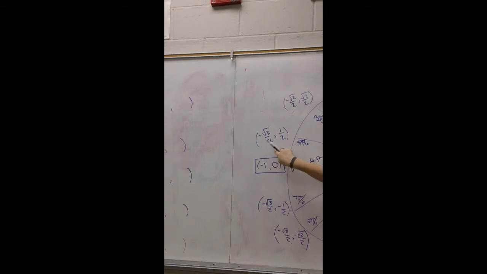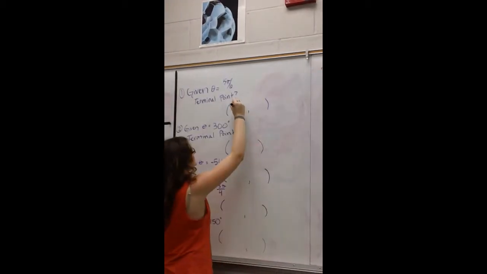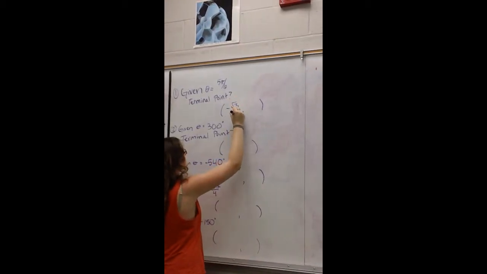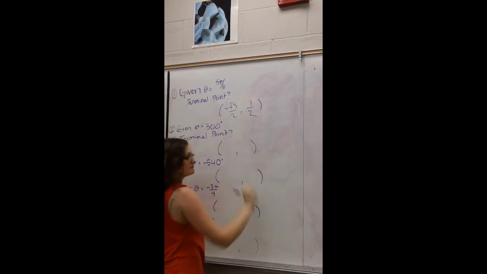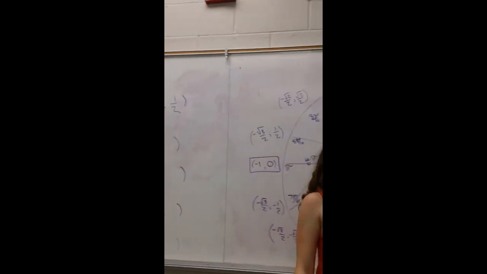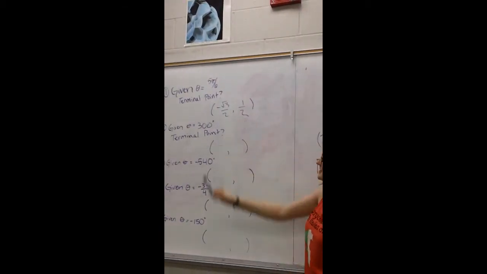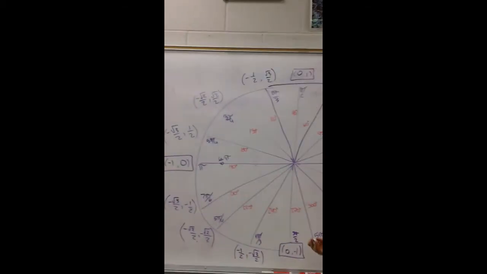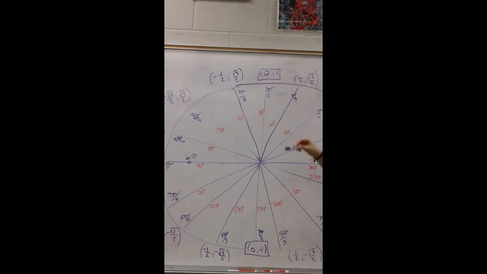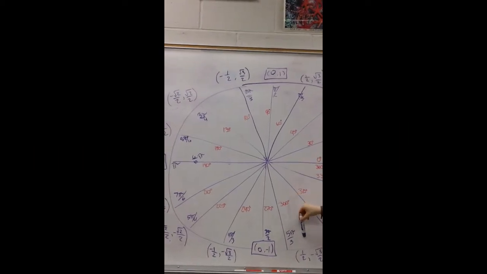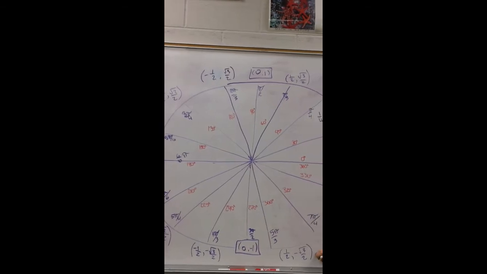So that would be your answer for that one. And that's what you do with radians. And the same thing is what you do with degrees. So you go to your unit circle, it gives you 300 degrees, and you follow it until you hit 300, and the terminal point for that one is 1/2, negative radical 3/2.